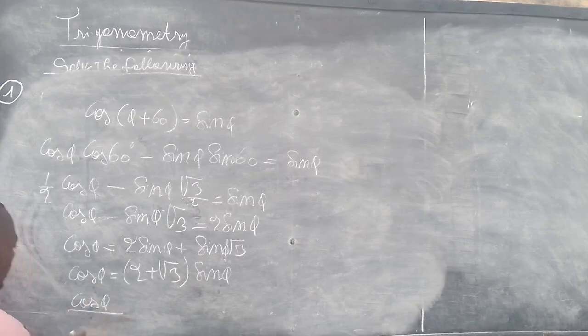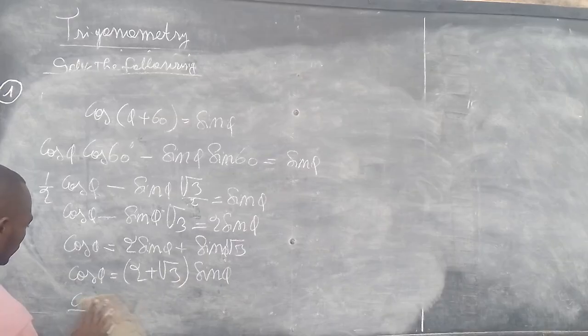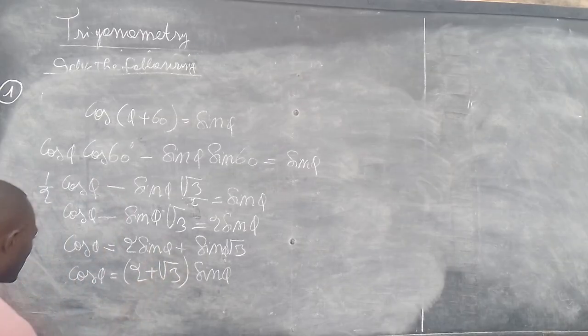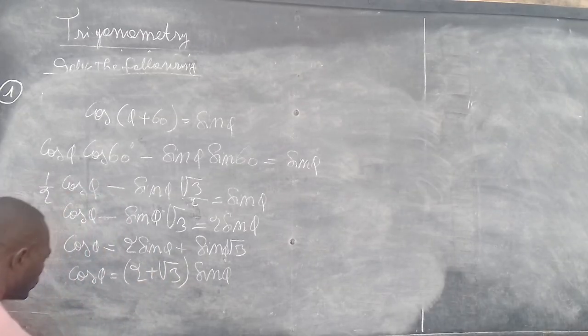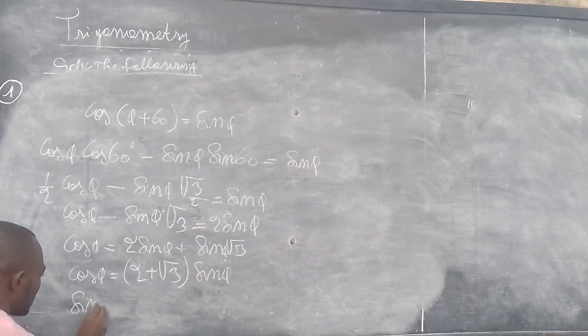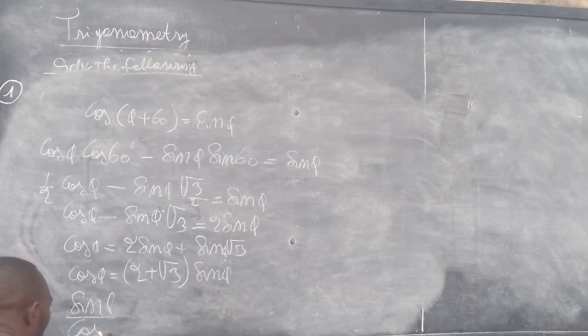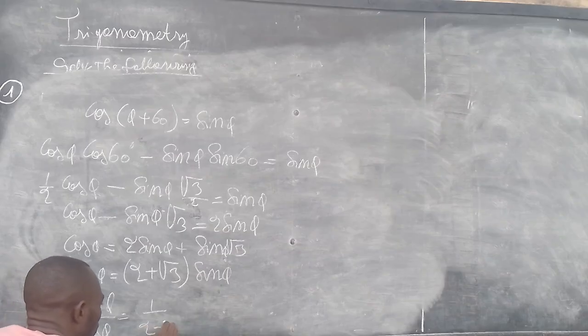So here we have cosine 5 over cosine 5, no, this will be equal to sine phi over cosine phi, which is equal to 1 over 2 plus square root of 3.